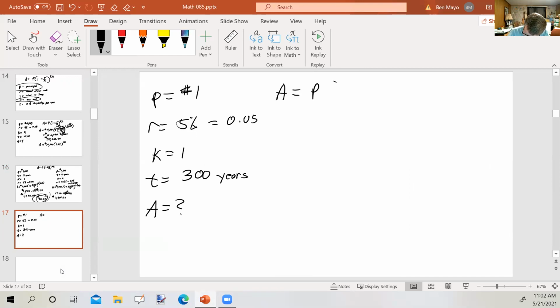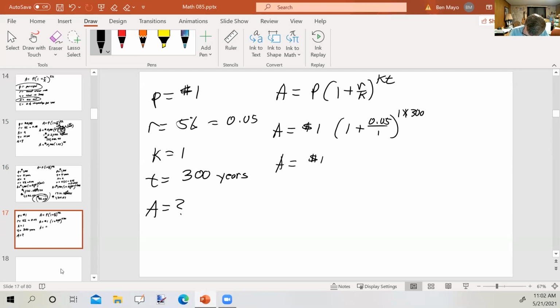Okay, so we want to know what it's worth. A equals P times (1 plus R divided by K) to the KT power. A equals $1 times (1 plus 0.05 over 1) to the 1 times 300 power. Well, this one simplifies fairly easily. 0.05 divided by 1 is going to be 0.05.